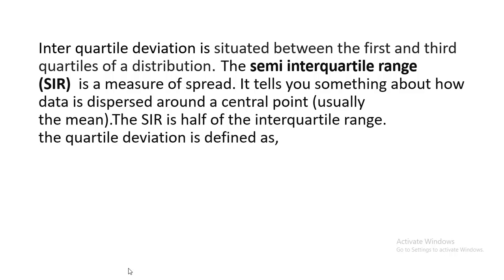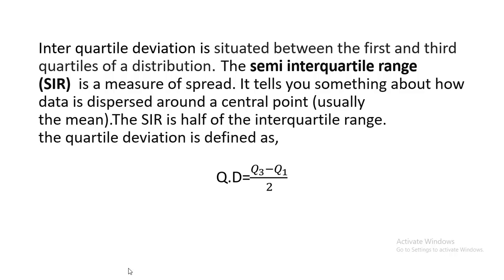The difference between the third and first quartile is called interquartile range, and when we are talking about semi-interquartile range or interquartile deviation, we are talking about QD equals Q3 minus Q1 divided by 2. If we are only asked about interquartile range, it means Q3, the upper quartile, minus the lower quartile, Q1. So Q3 minus Q1.